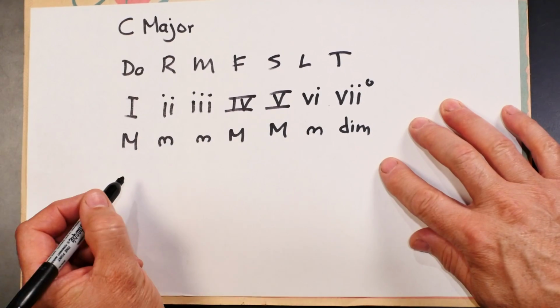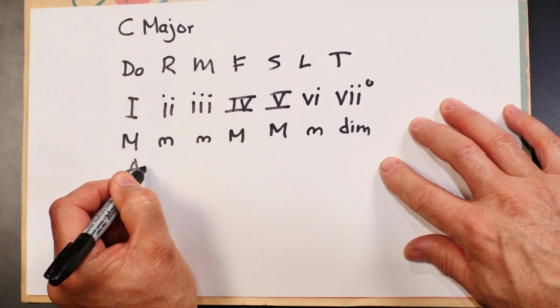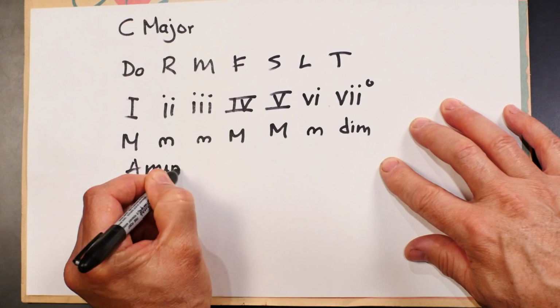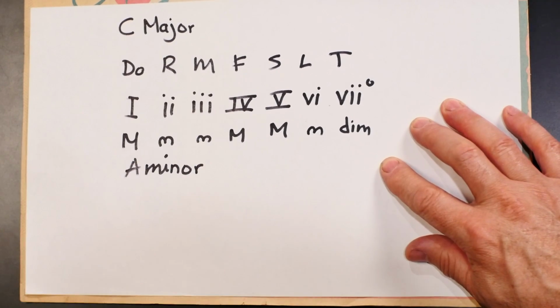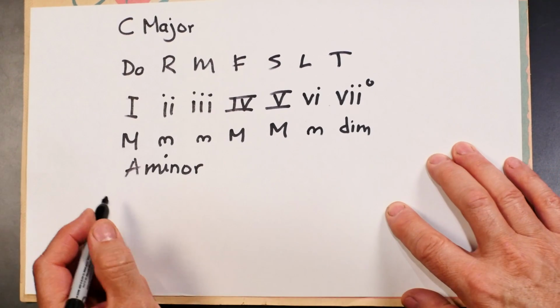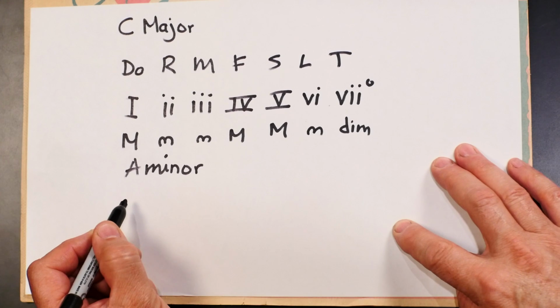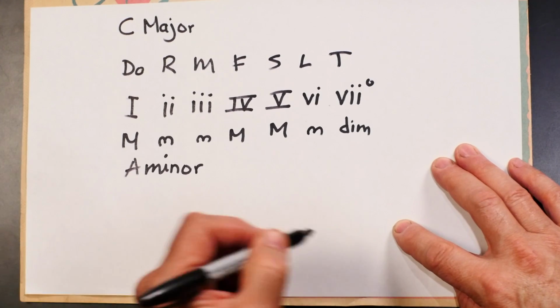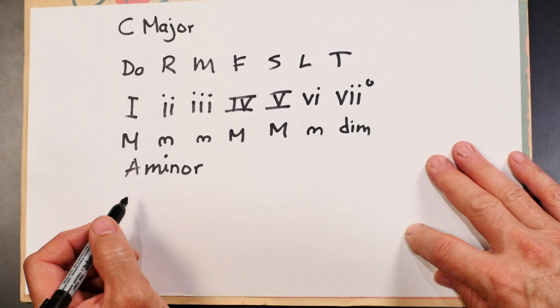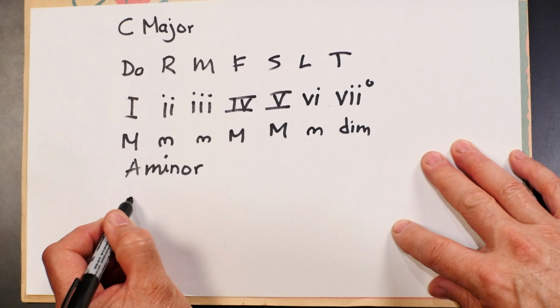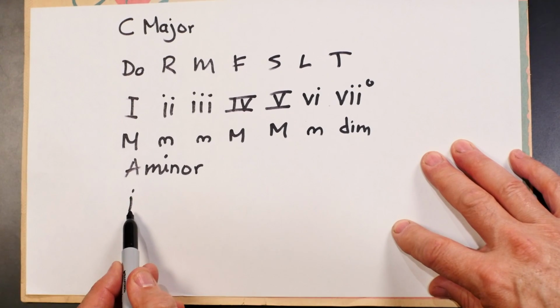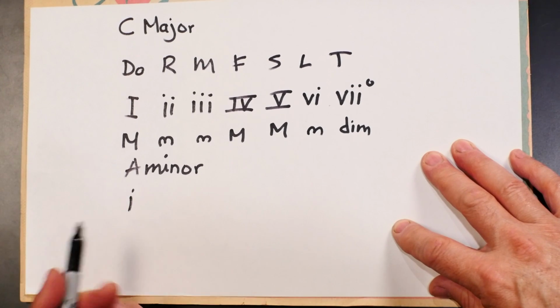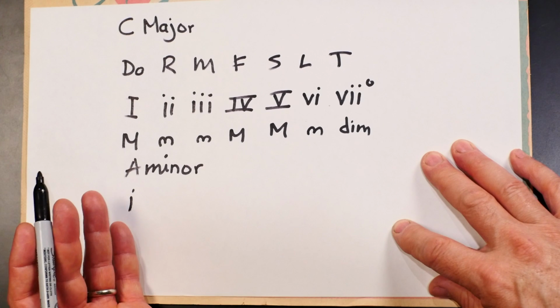If it's a minor key, like A minor, we can write the Roman numerals according to their major or minorness or diminishedness. So in A minor, we've got a minor 1 chord, right? Obviously, the key is A minor. The first chord is A minor.